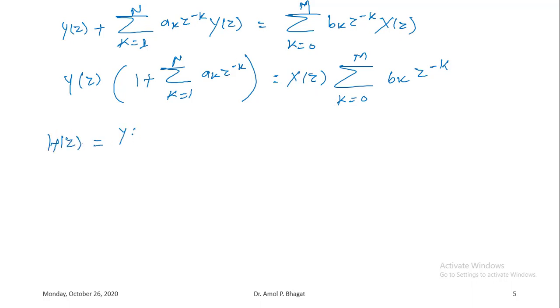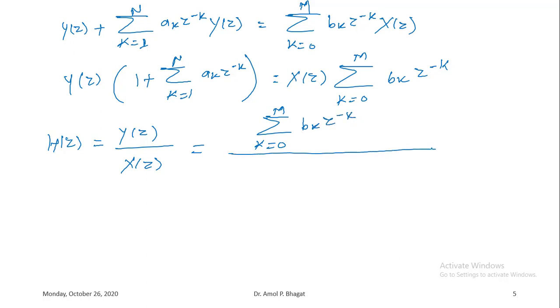So H of z is equal to Y of z upon X of z, and it will be simply summation k equals 0 to m, right, bk z to the power minus k whole upon this term, that is 1 plus summation k equals 1 to n ak z to the power minus k, right?